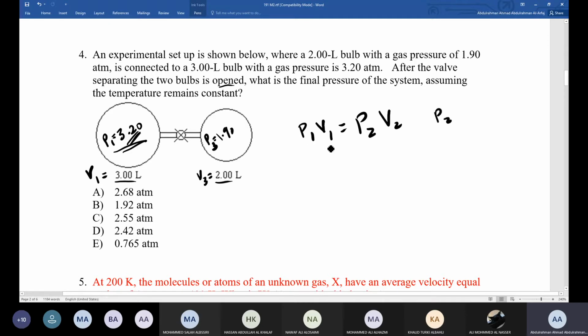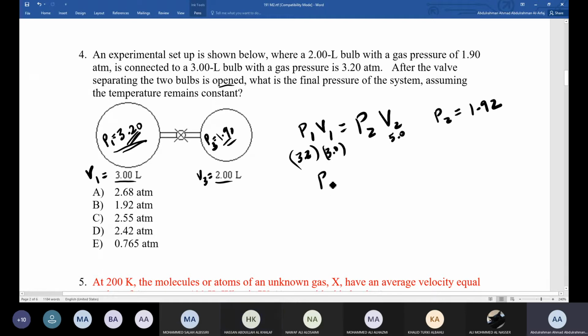V1 is 3 and V2 is 5, and the pressure is 3.2. So what will be P2? 1.92. Then I'll do the same thing for this one.